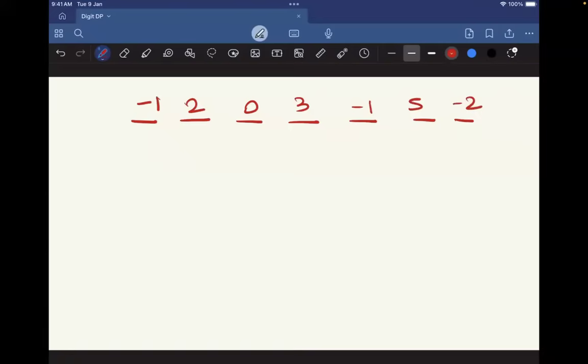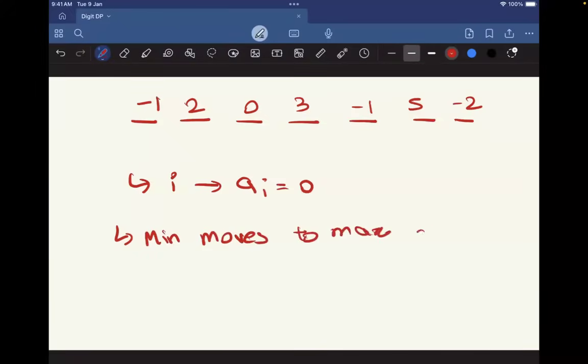This is the array. On every move, we can select an index I and make AI equal to 0. We need to find the minimum number of moves to make maximum subarray sum.